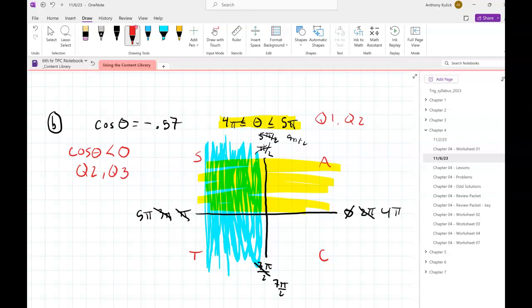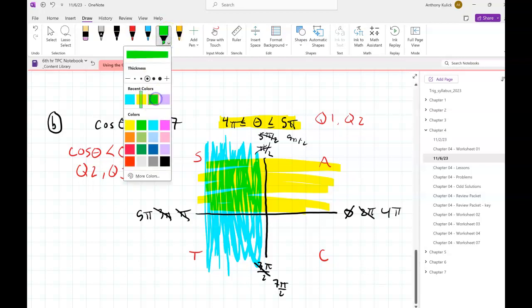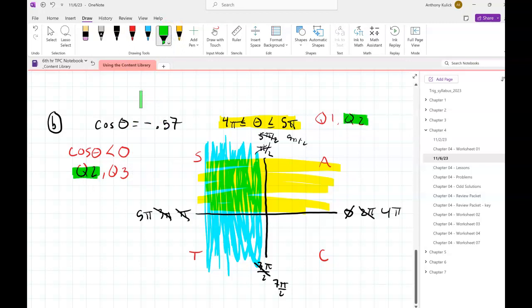So where is the terminal side of our angle going to lie? In quadrant 2. That's correct. The only quadrant in common between both criteria. Now, just so we're clear, when I'm drawing my terminal side here, does it really matter where it's at in quadrant 2? No, just needs to be in quadrant 2, right?